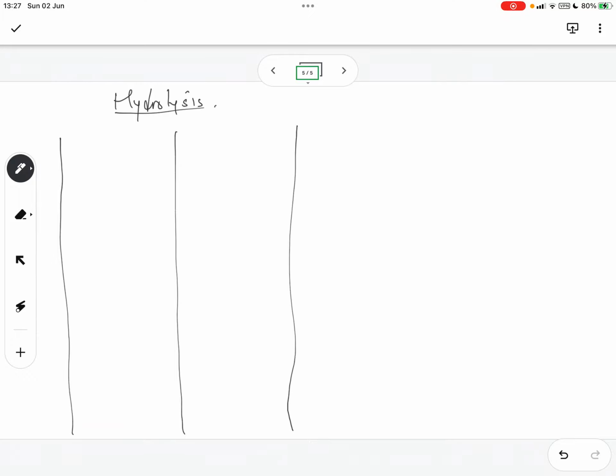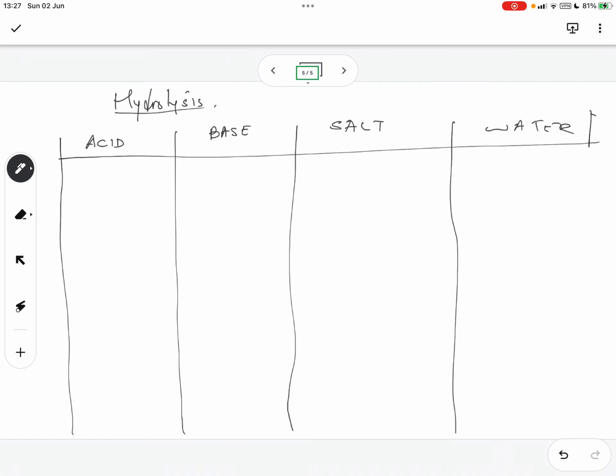So we've got an acid column, we've got a base column, we've got the salt and the water, ne? So acid, base, salt, water.